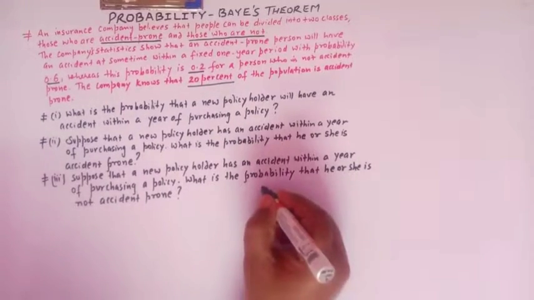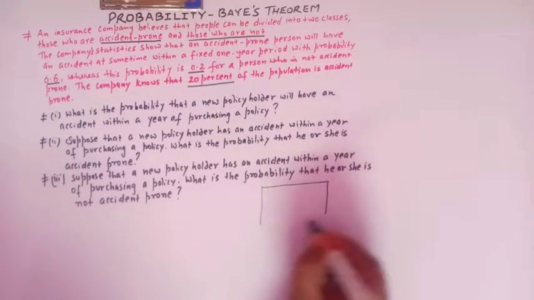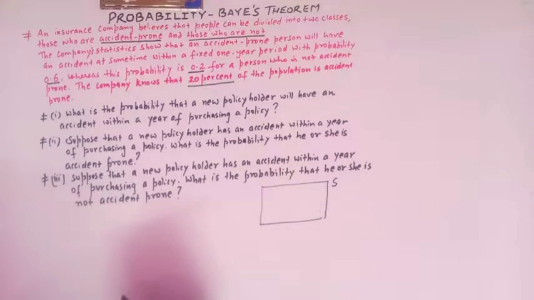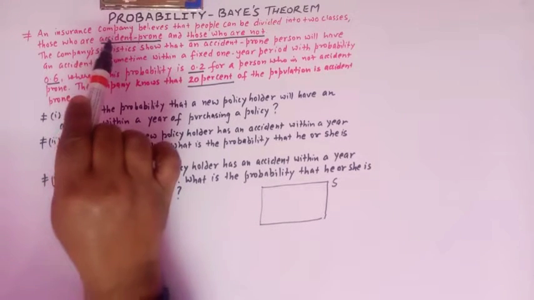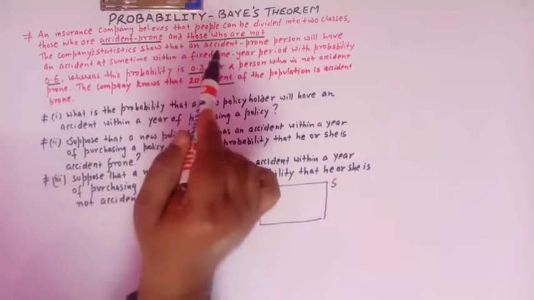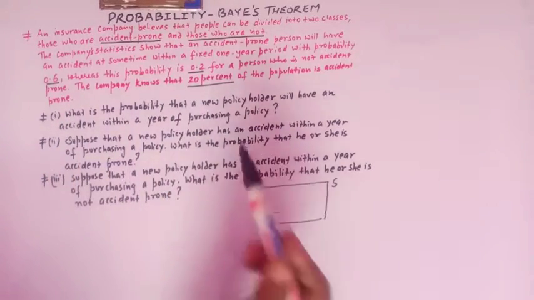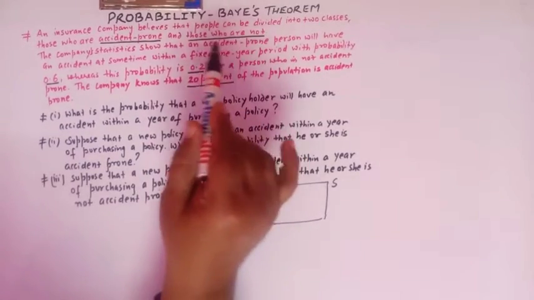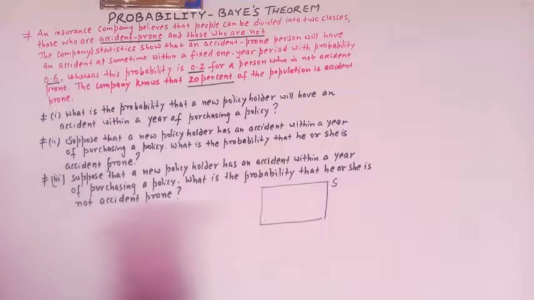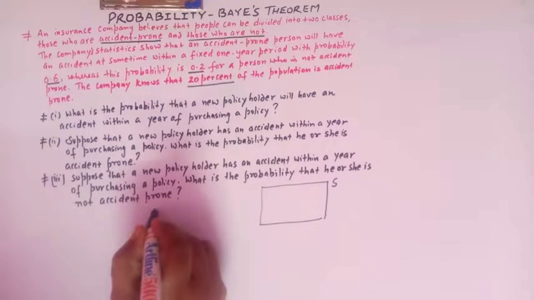So let us take the sample space S, and in this sample space we'll assume two events. The first event corresponds to the people who are accident prone, and the other event is for the people who are not accident prone. So let us take E1.